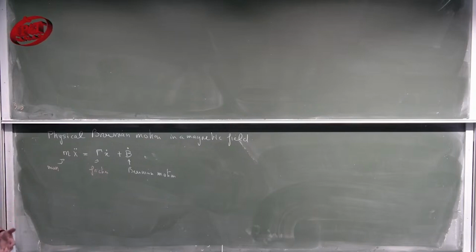And you can do many interesting things, and surely Einstein did. But for physics, it's really better to go one order more and to say that it's not the position of the particle which experiences a Brownian motion, but its speed.